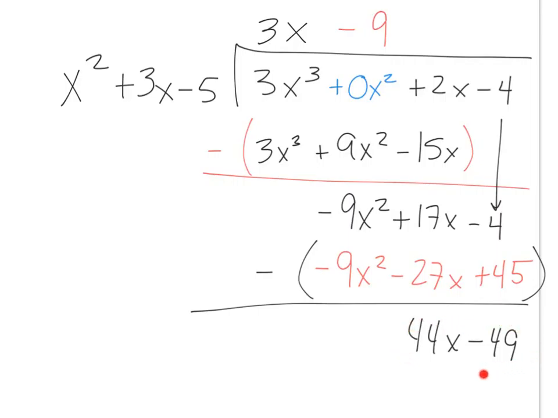Chandler, what does degree mean again? Like the highest exponent. The highest exponent. So the degree of this, Alex, if it's the highest exponent, what would it be? 1. And what's the degree up here, obviously? So as soon as this degree is greater than this degree, you stop. So this means this expression, 44x minus 49, is your remainder.